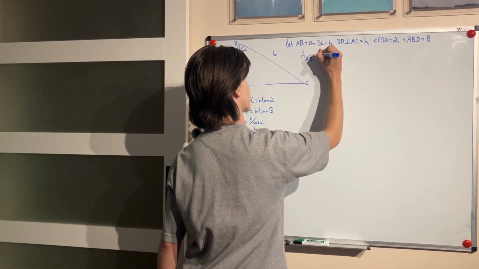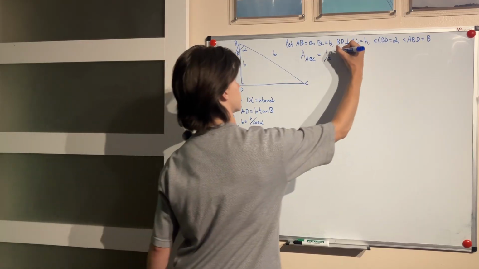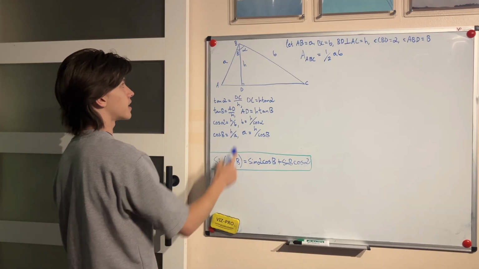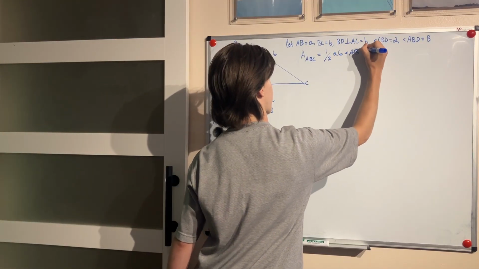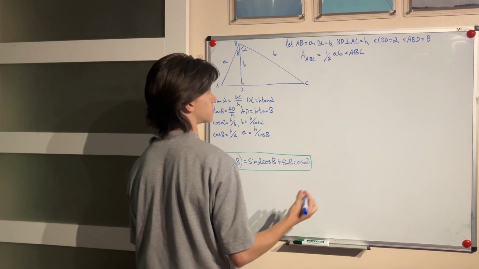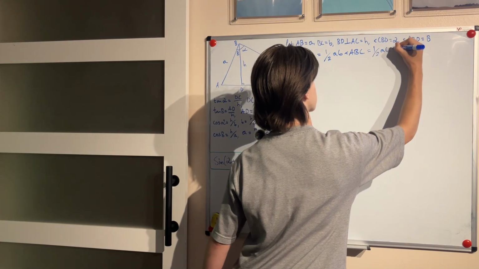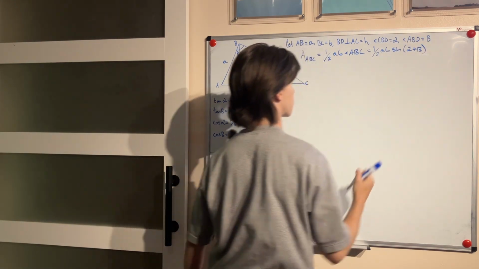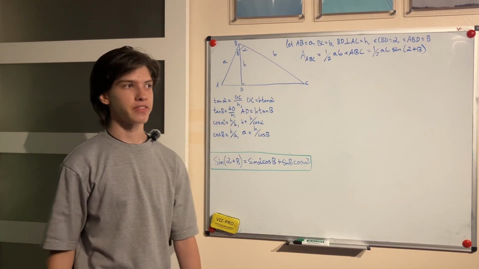In fact, the area of ABC, which is going to be by the formula 1/2 times two of its sides, we have here A and B, times the angle between them, which is this angle ABC. And of course, ABC is beta plus alpha or alpha plus beta. So we have its area as 1/2 AB times the sine of alpha plus beta. And this is where sine of alpha plus beta comes in.